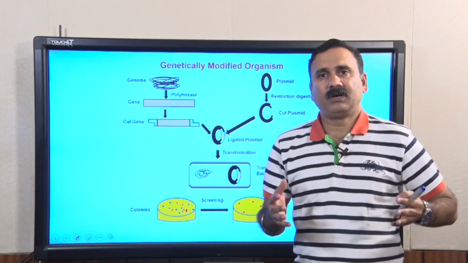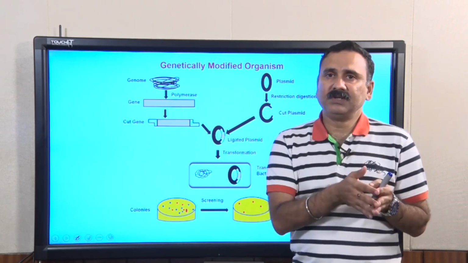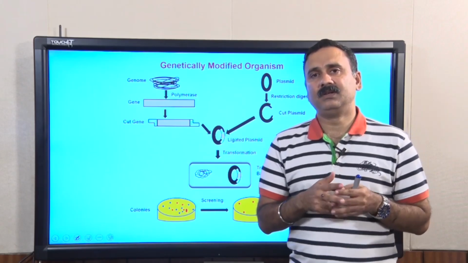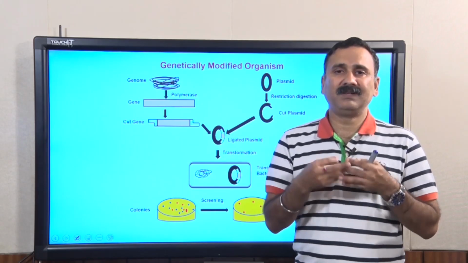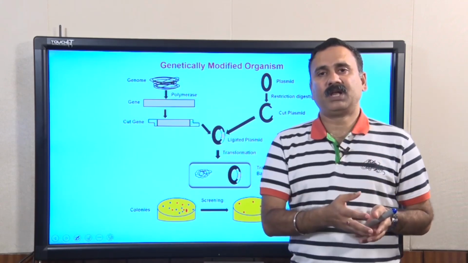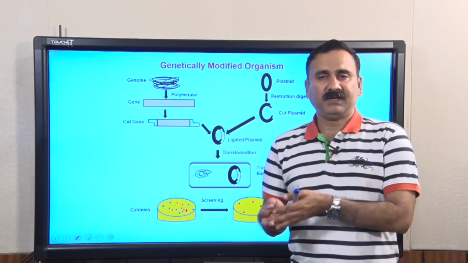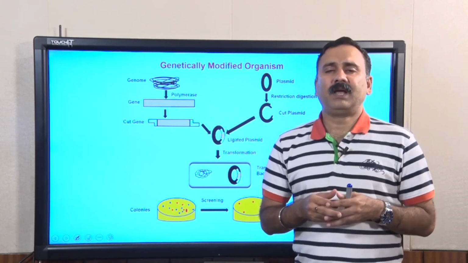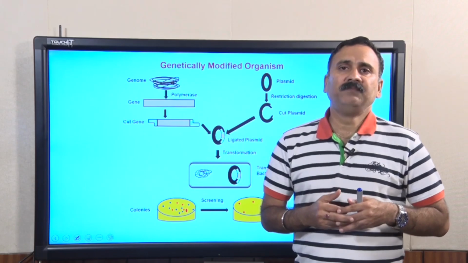In that discussion, we are going to discuss the different strategies you can adopt for protein production in the prokaryotic system as well as the eukaryotic system. So, with this I would like to conclude our lecture here. Thank you.